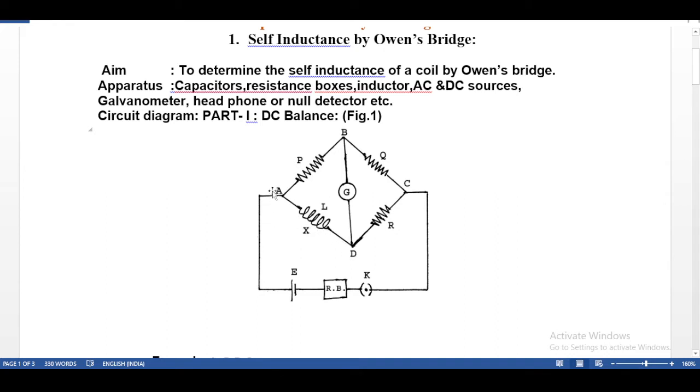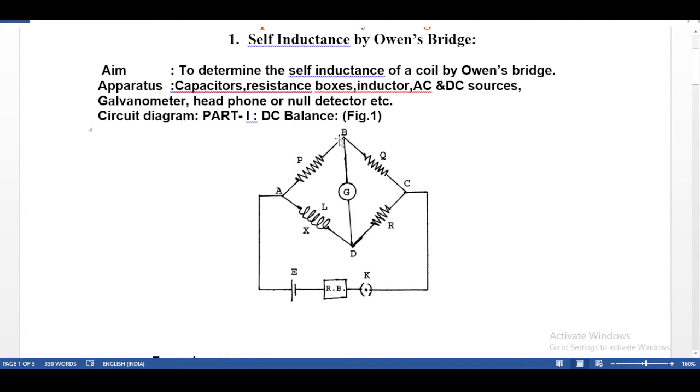Then in the branch AD, the inductor L is connected. In the bridge ABCD, branch AB consists of resistance P, branch BC includes resistance box Q, CD has R, and in the branch AD of the bridge is inductance L.